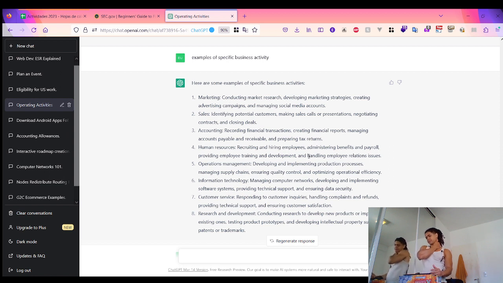So human resources is responsible for recruiting and hiring new people, managing benefits and payroll, providing training and development, and handling employee relationship issues.